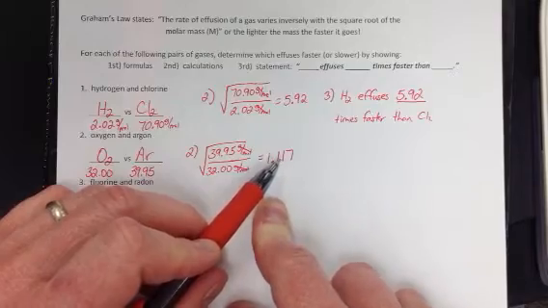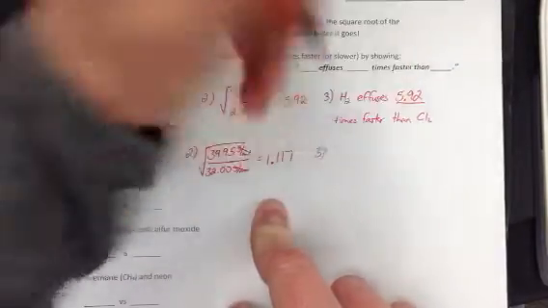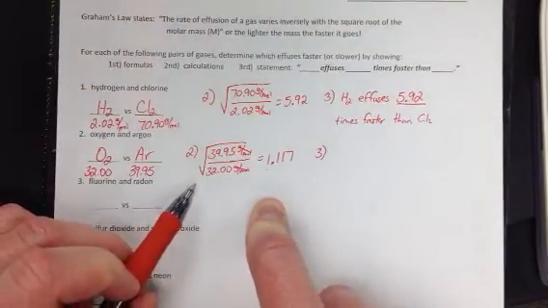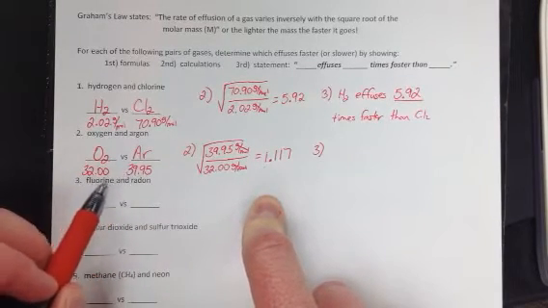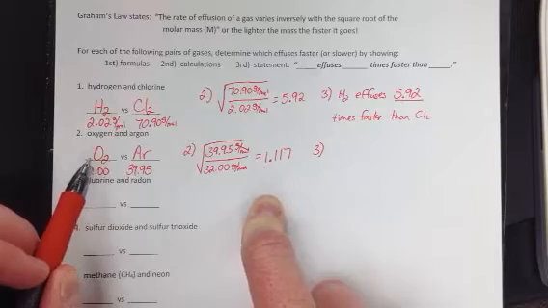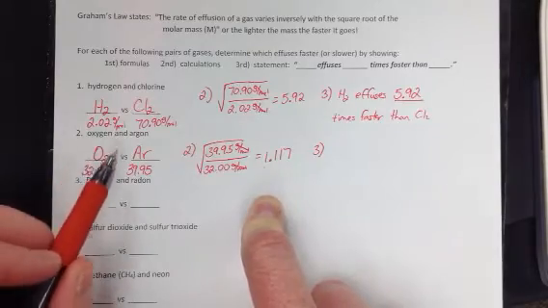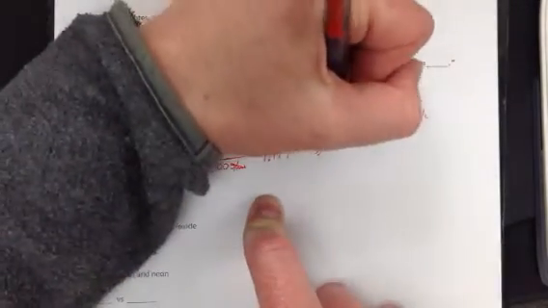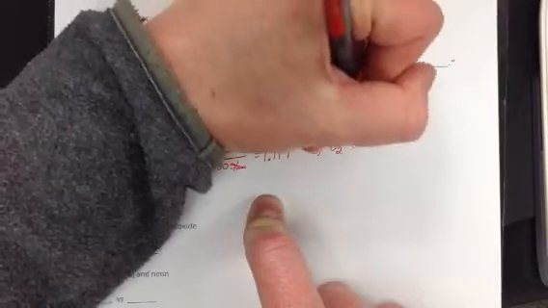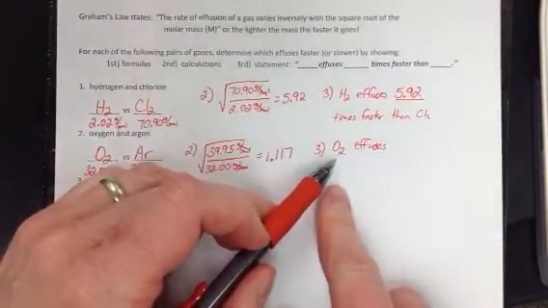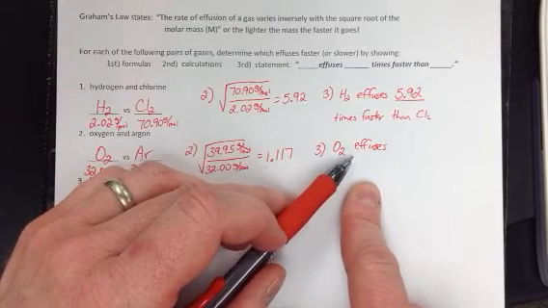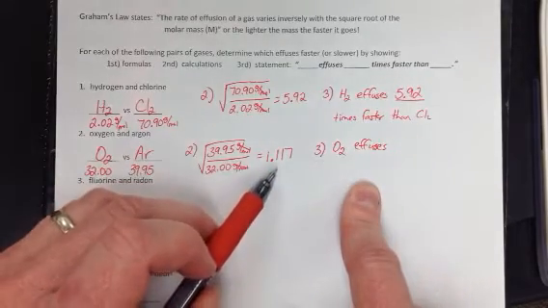Just a numerical value. So for our statement, which one's going to effuse faster? Remember, it's always the lighter gas. That is the one that has the less mass. This one is faster. So my statement looks like this. Oxygen is going to effuse blank times faster.